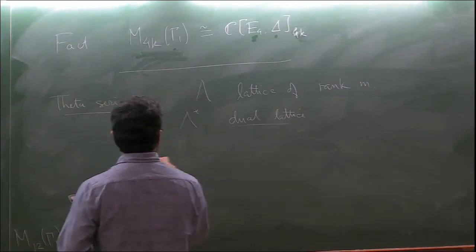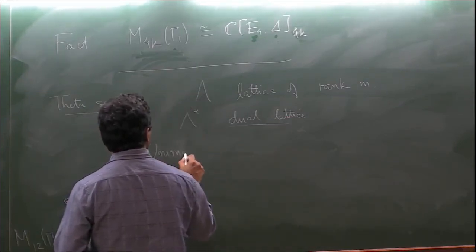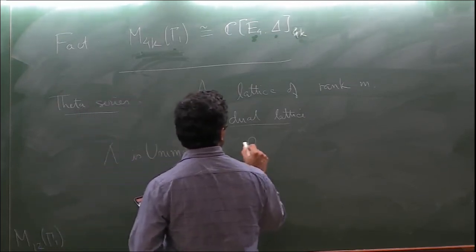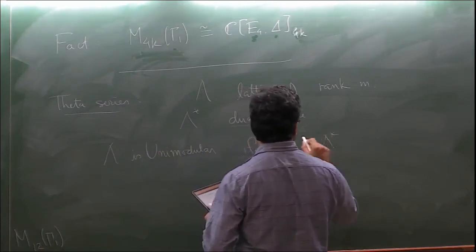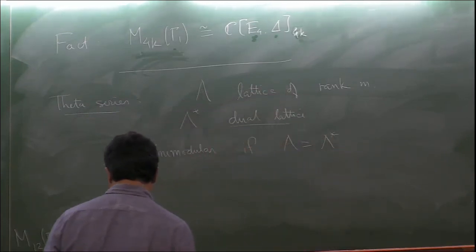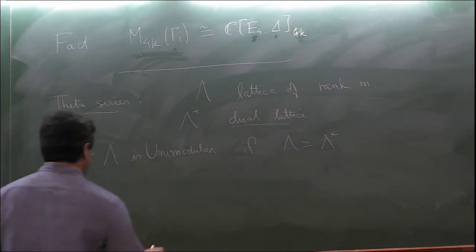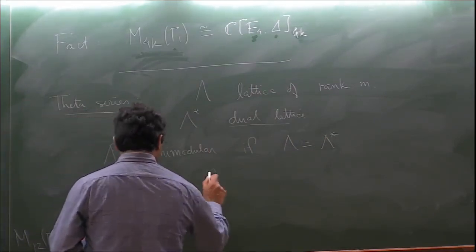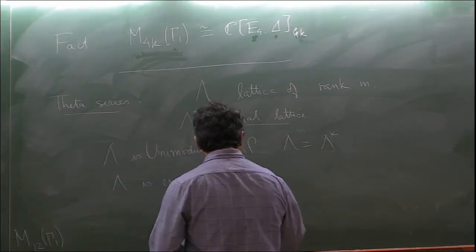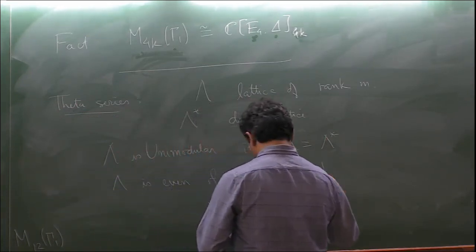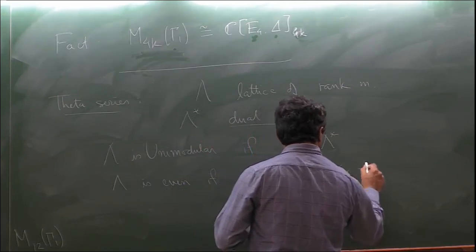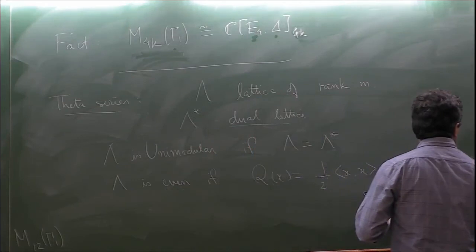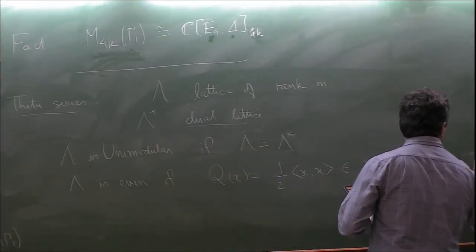Then we had the notion of unimodular. Lambda is unimodular if lambda is equal to lambda star, and lambda is even if q of x, which is half of (x,x), belongs to Z for all x in lambda.